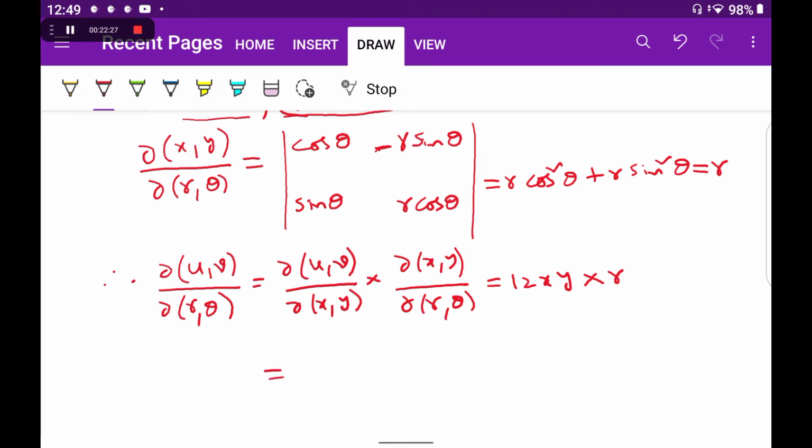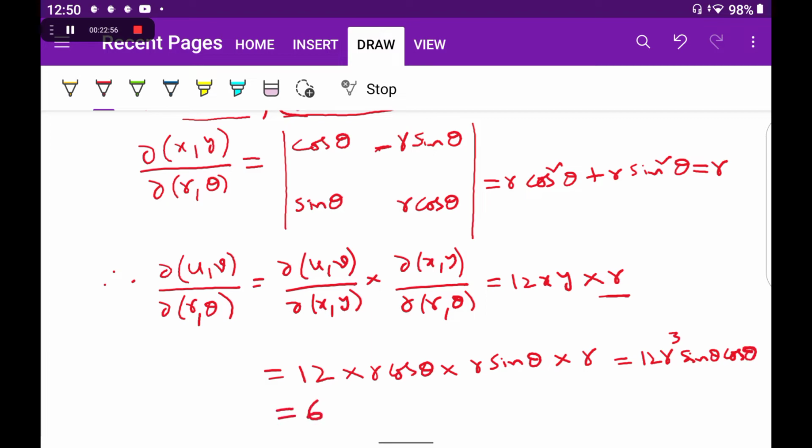Either we have to convert everything into r theta or everything into xy. The answer is given in terms of r theta. So 12 into x is r cos theta, y is r sin theta, into r. So 12 r cube sin theta cos theta.